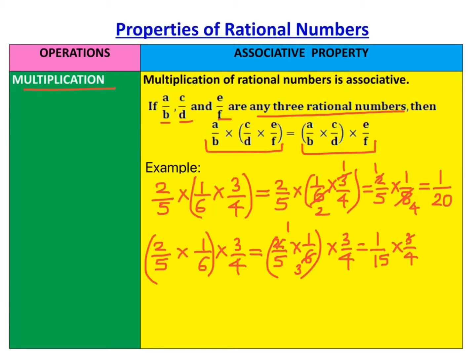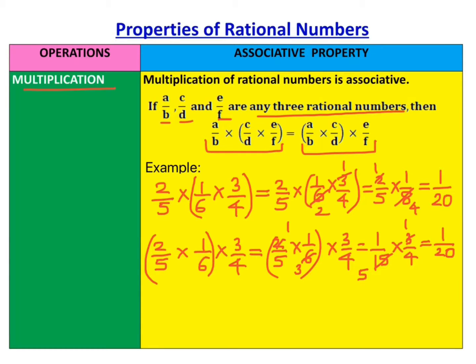So let's cancel it. 3 times 1 gives 3, 3 times 5 gives 15. This expression is equal to 1 times 1 in the numerator which is 1 by 5 times 4 in the denominator which is 20. Therefore 1 by 20 is the answer.